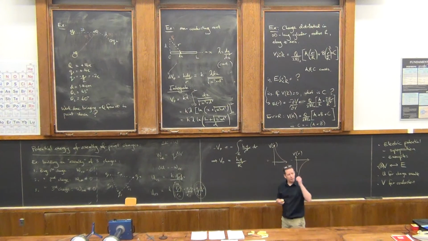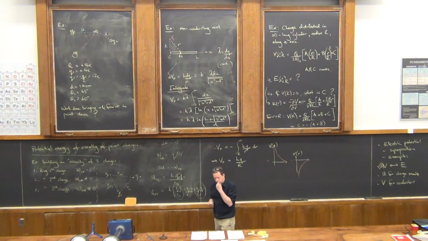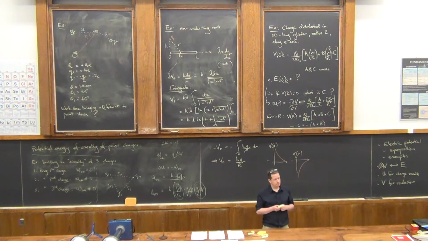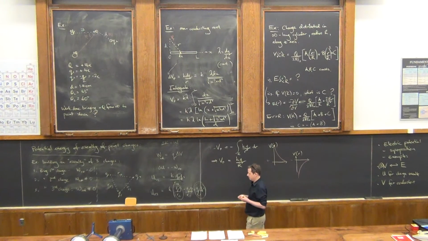If you think of the potential energy added by the addition of Q3, you're adding to the potential energy of the system just the amount of the two terms that involve Q3.